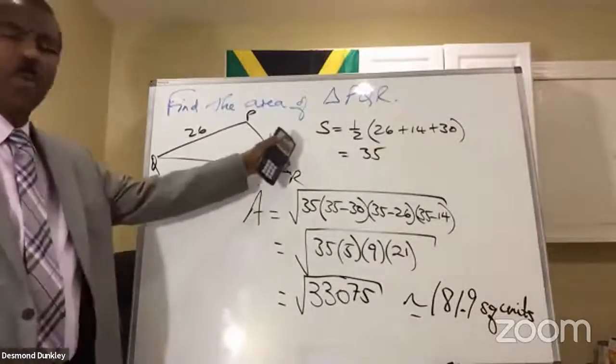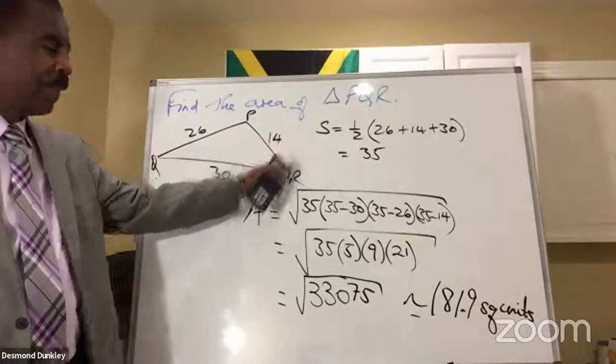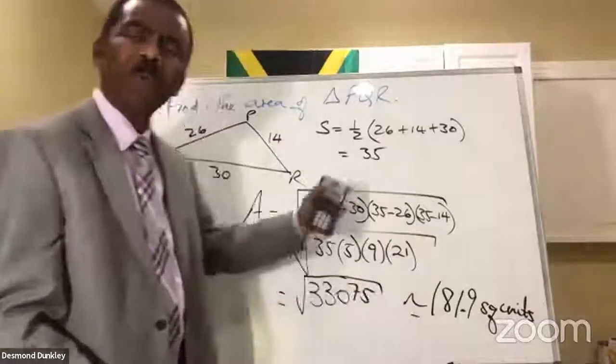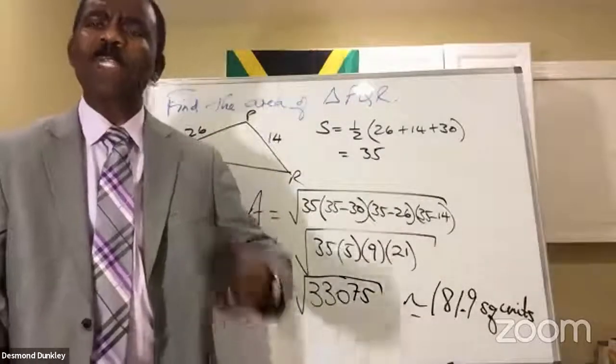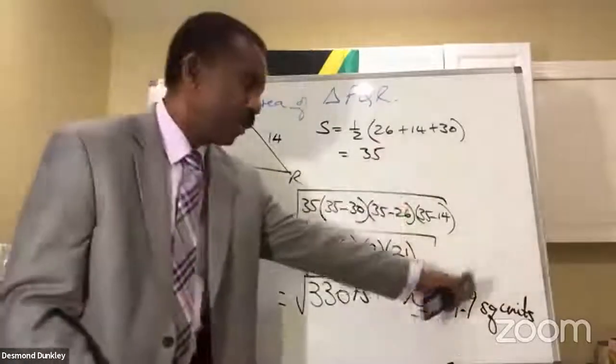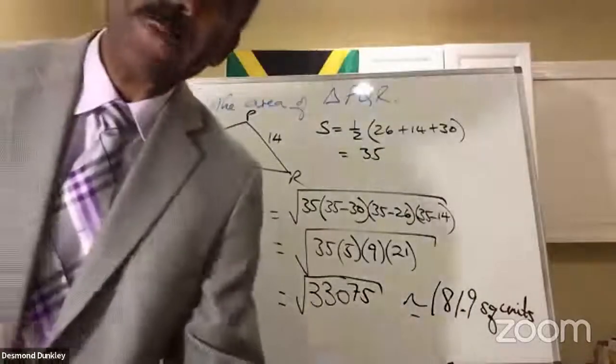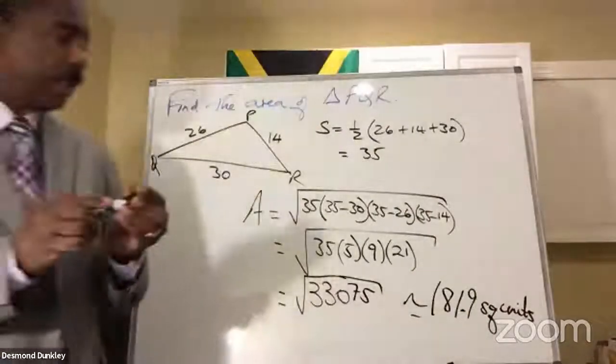No unit was specified, so the answer is unit times unit, which is unit squared, square units. And that's Heron's formula.